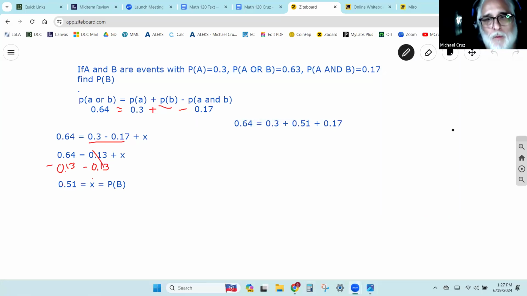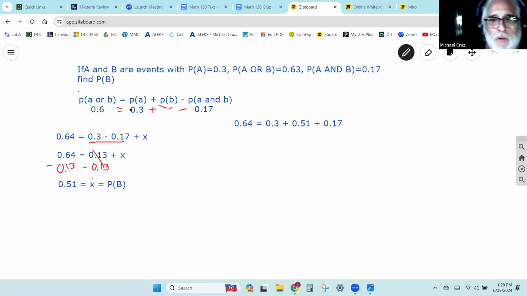Something's not right. Okay, hold on. Let me just make sure. Oh, okay. This is 0.63. That's not the whole issue. You're solving for B. Yeah, I'm solving for this right here.